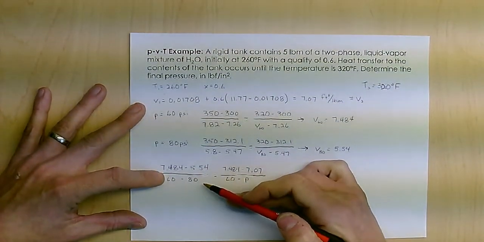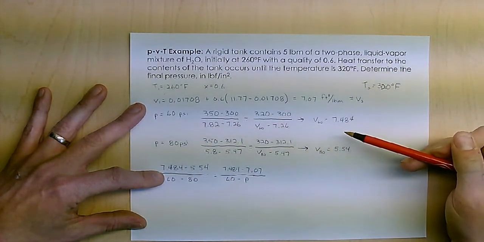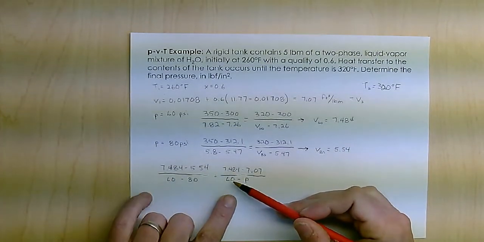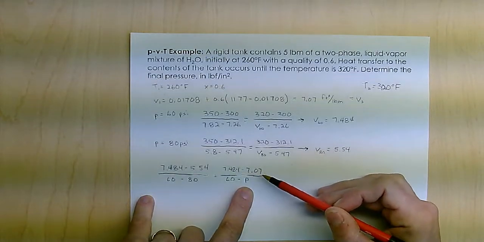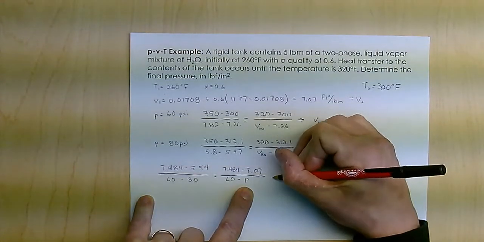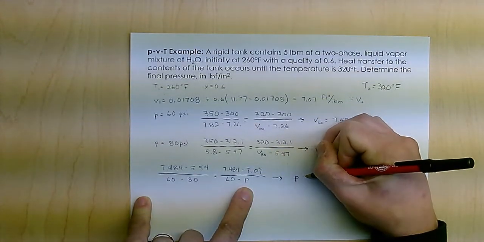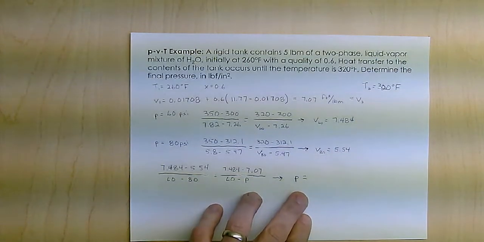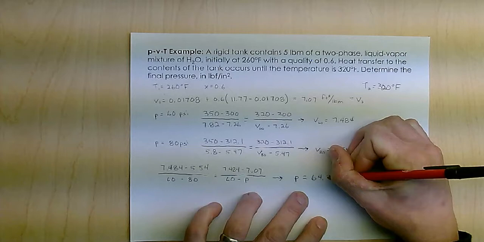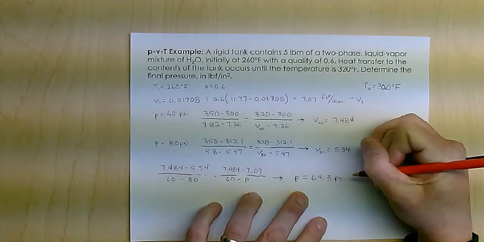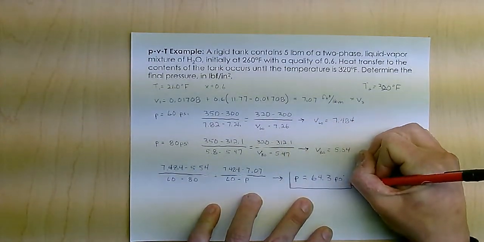So again, these are my table values, or my interpolated table values, and then again the 60 and the 7.484 line up, and then my pressure with the actual volume that I'm using. Then from this interpolation, I can find that the pressure is actually 64.3, and that's going to be pounds per square inch, or psi.